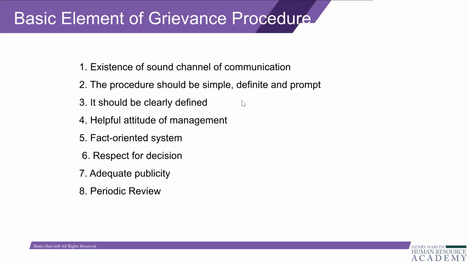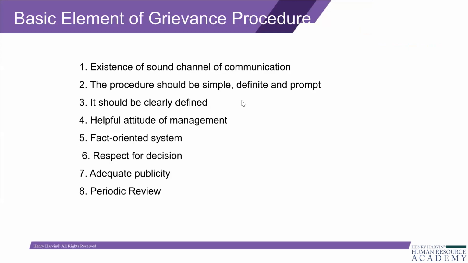If the employee is not satisfied with that decision also, they can appeal for legal action. Next is the basic elements of grievance procedure. First, the existence of a sound channel of communication: the procedure should be simple, definite, and prompt.